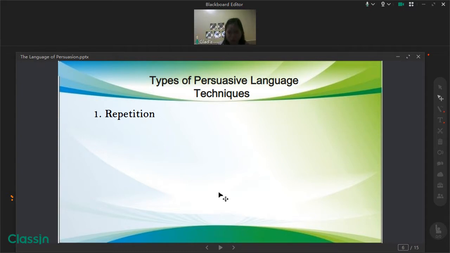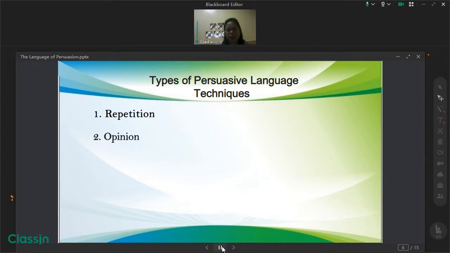Another example: when you are persuading your son or daughter to make a thorough practice, why don't you say practice, practice, practice? Once he or she reads that, he or she will always remember to practice. So that is repetition.